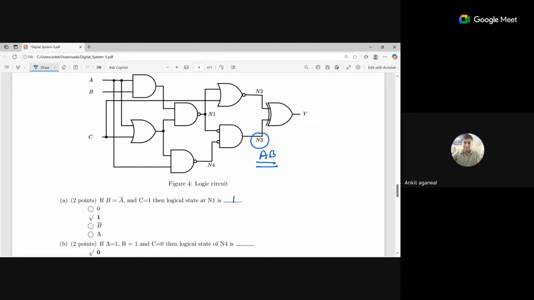The entry is A dot B. Yes, sir. A dot B, A plus C. Then one is AB dot A plus C whole part.